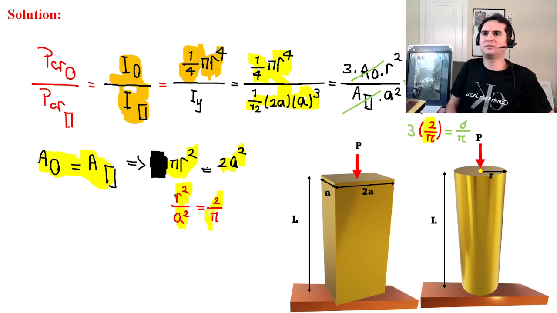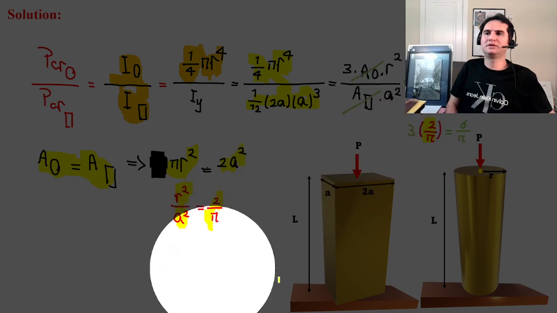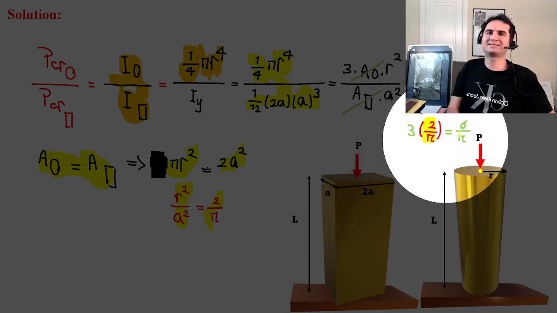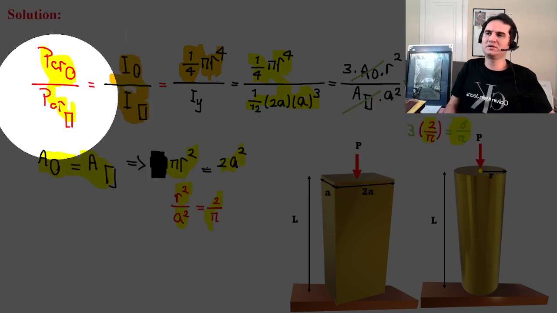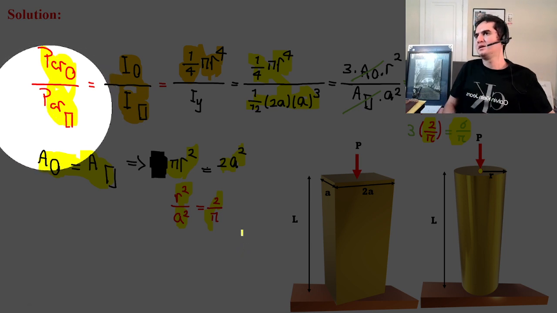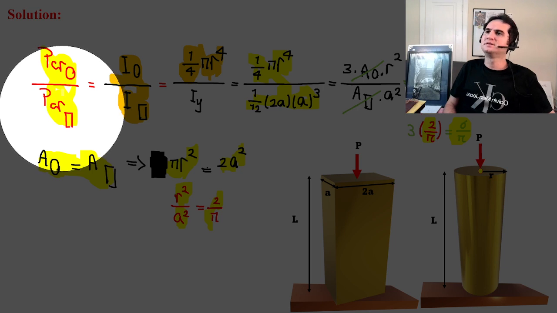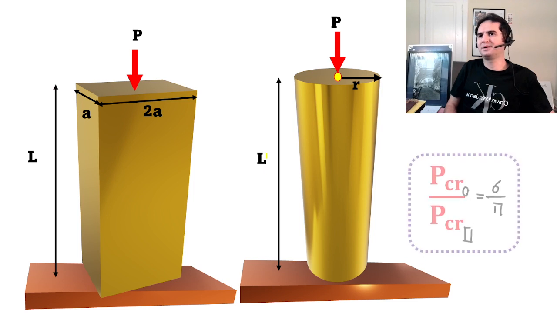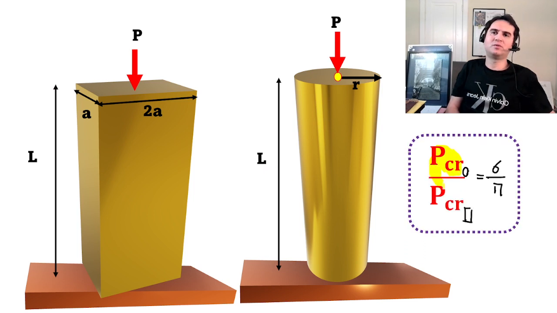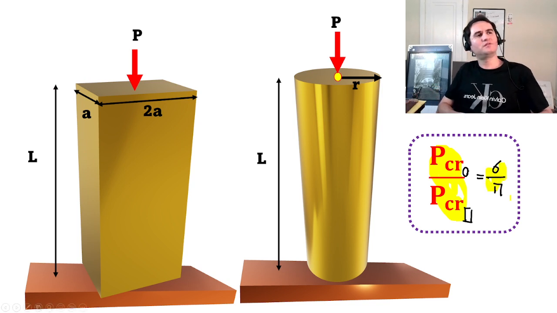Replacing it brings in 2 pi, and that's the ratio of the critical force of a circular column to the critical force of a rectangular one: 6 over pi. Again, that's due to Euler's buckling formula. If you divide by their cross-sectional area, you also get the ratio of their stresses.